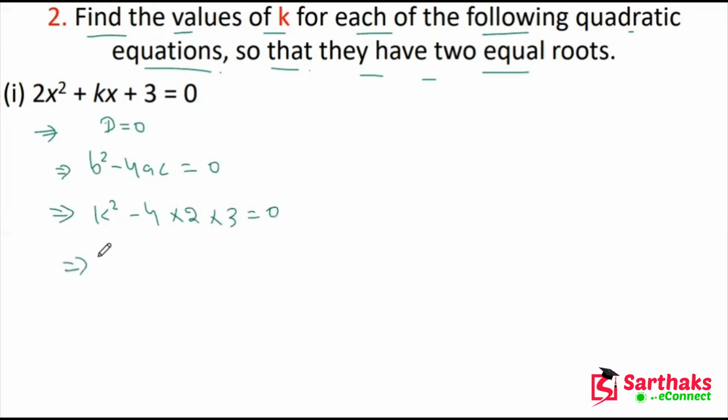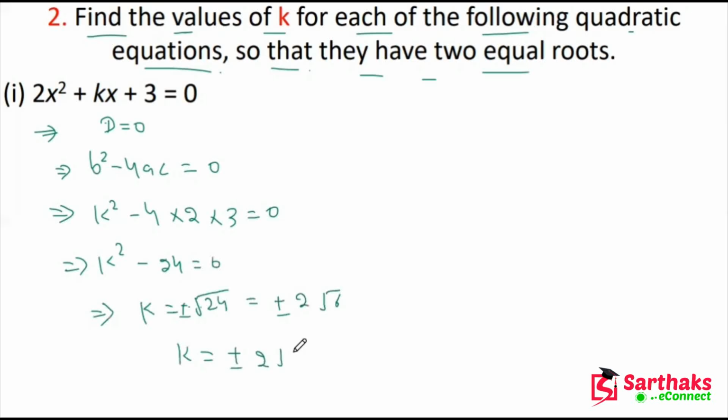Now we get k square minus 4 into 2 into 3, 8 into 3 is 24, which equals 0. So now we have k equals under root 24. If we factorize it, we get plus minus 2 root 6. So value of k is plus minus 2 root 6.